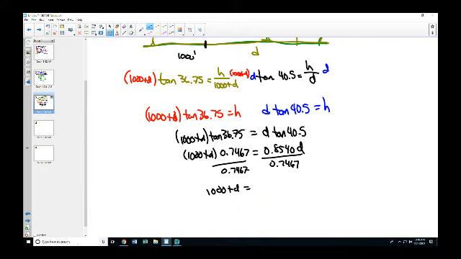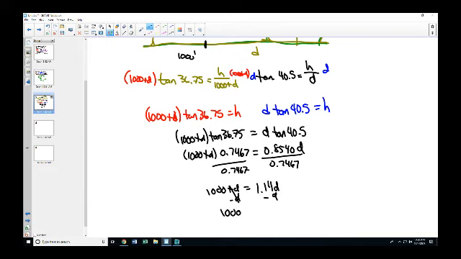1.16. 1.14. Next step? Subtract 1,000. Those cancel.